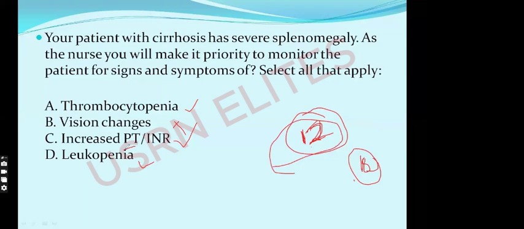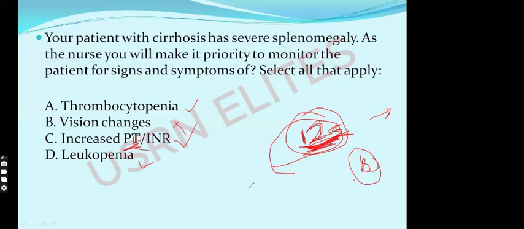Let's say your PT should clot at 12 seconds. If you have increased PT, we're talking about time here, clotting time. It means your time to clot is increasing, which means you are delaying to clot.